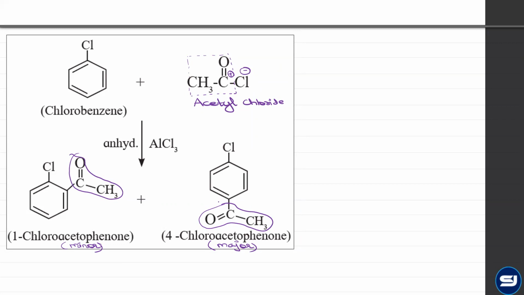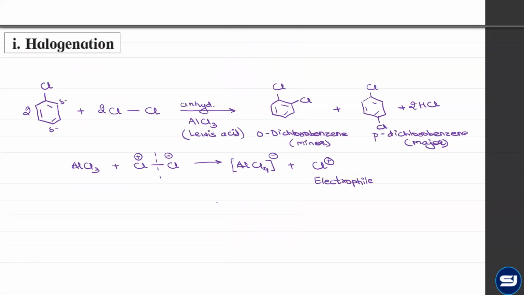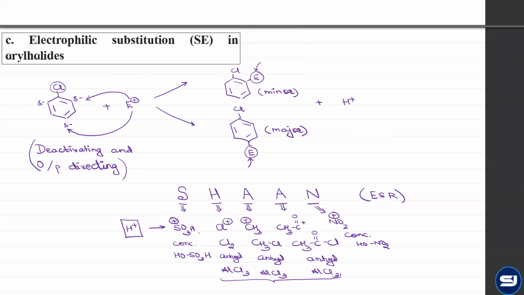That's it. These cover the 5 electrophilic substitution reactions of chlorobenzene. जो मैंने यहाँ पर छोटा सा समरी दिया है, that is how all the reactions are happening.